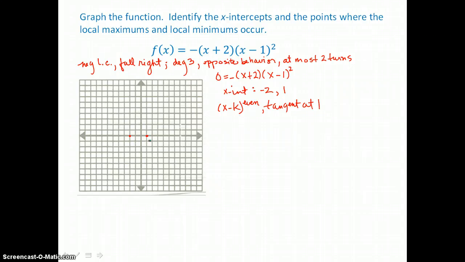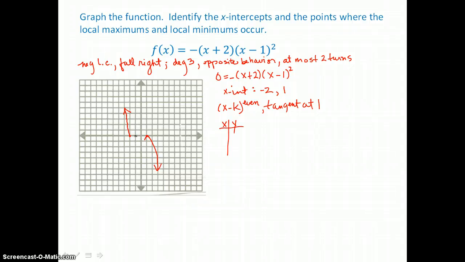So since it has to fall to the right, it's going to be coming up, touching or tangent to the x-axis, and falling to the right. Now the curve has opposite behavior left and right, so I know that it's going to pass through -2 and rise to the right. But what's happening in between? That's what I need to find out by making a table of values in between my x-intercepts.